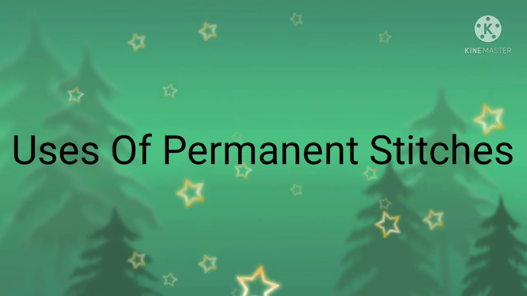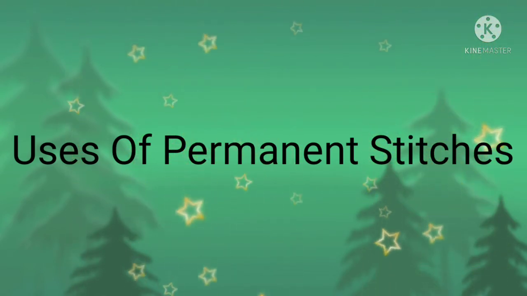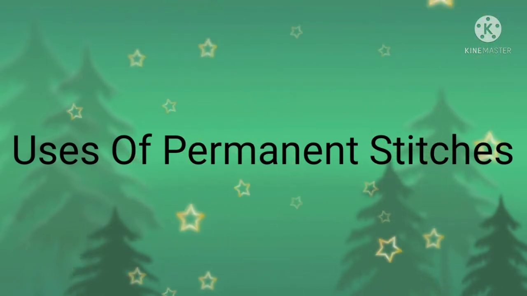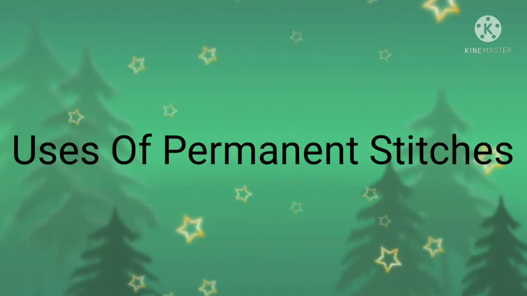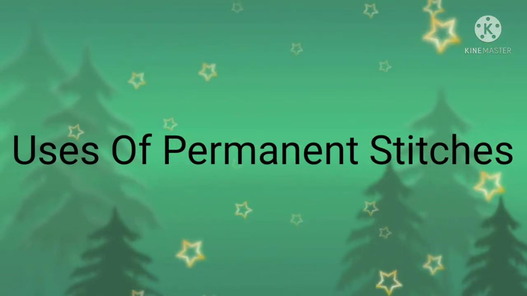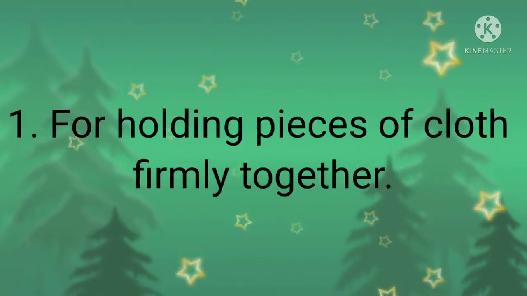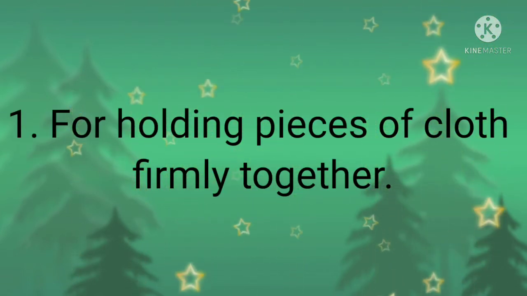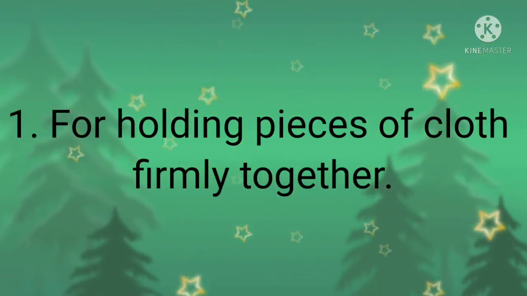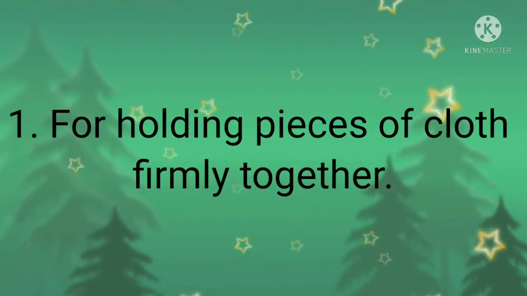Having known the uses of the temporary stitches, what are the uses of the permanent stitches? Do not forget that the permanent stitches are left on the article after they are completed. The first use of the permanent stitches is that they are used in holding pieces of cloth firmly together.